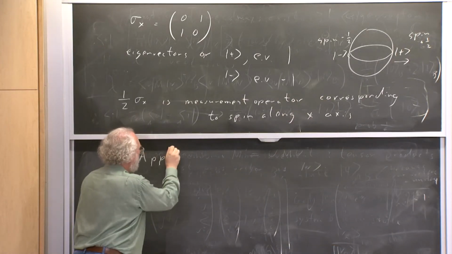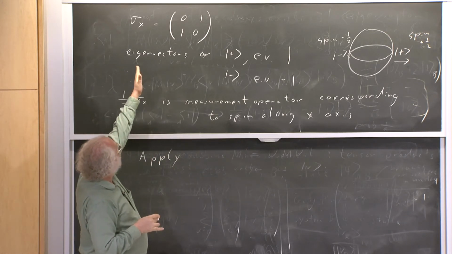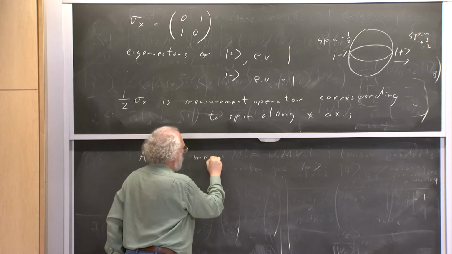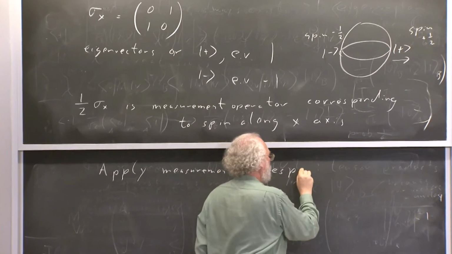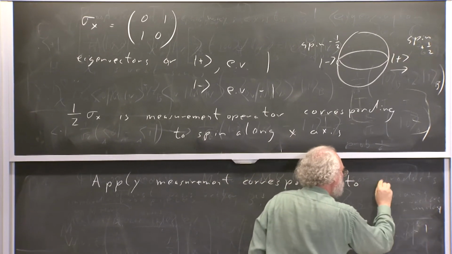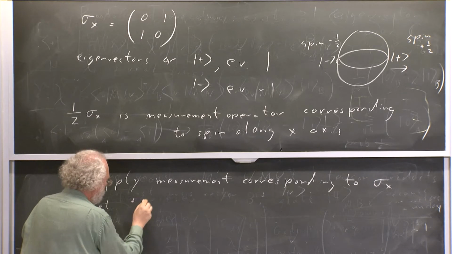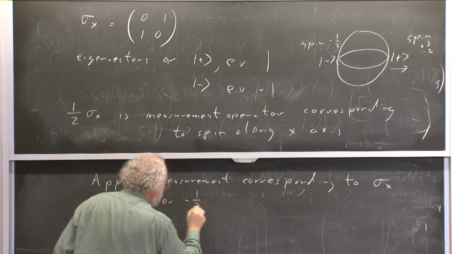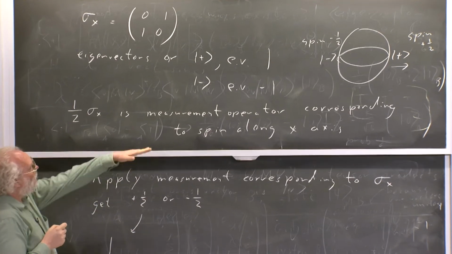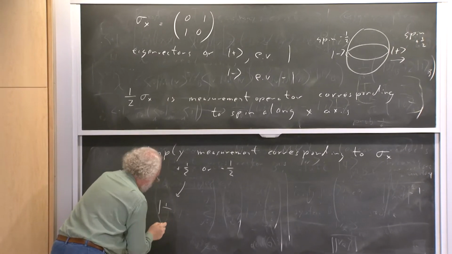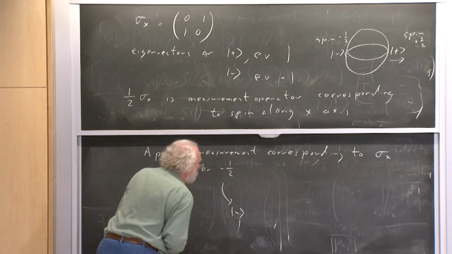So what I want to do is apply the measurement corresponding to sigma x, and get plus 1/2 or minus 1/2. If you get plus 1/2, you're in the eigenstate plus. And if you get minus 1/2, you're in the eigenstate minus.